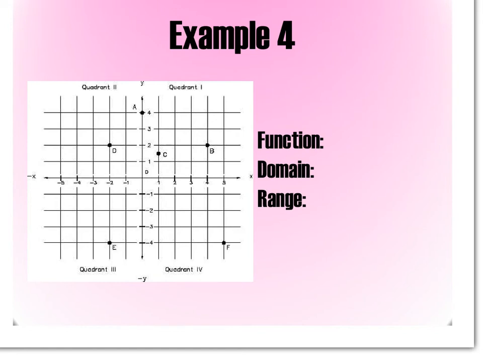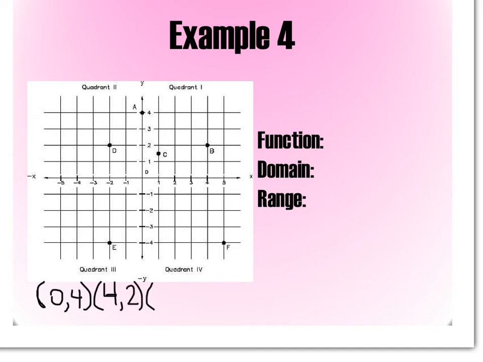Okay, we're going to do one last example here. If you were given a coordinate plane with points plotted on it, the first thing that I would do with this is I would write out my ordered pairs. So look at point A. Point A is located at (0, 4). Point B is located at (4, 2).